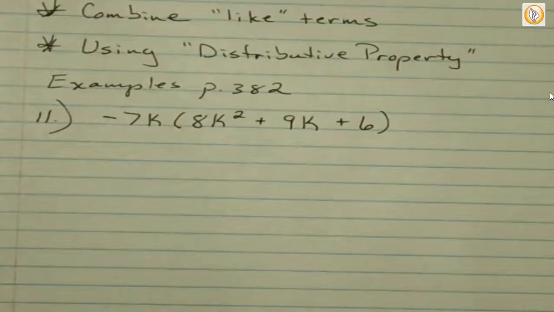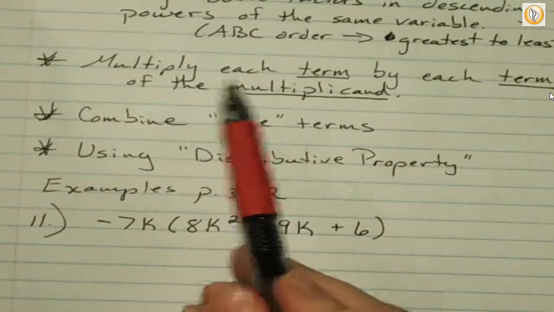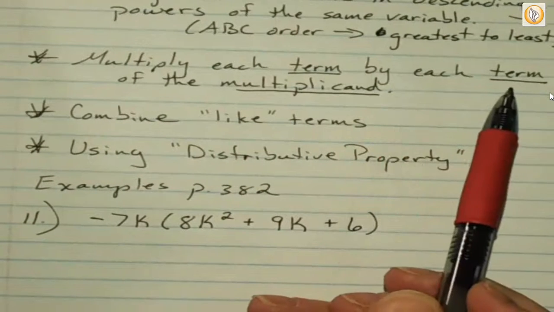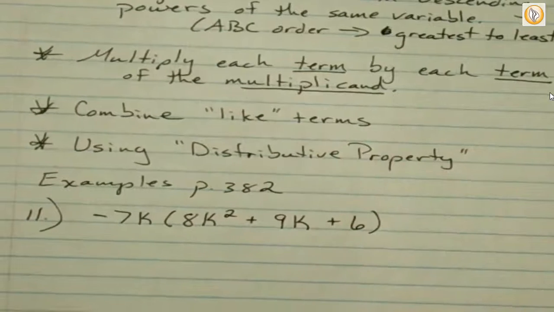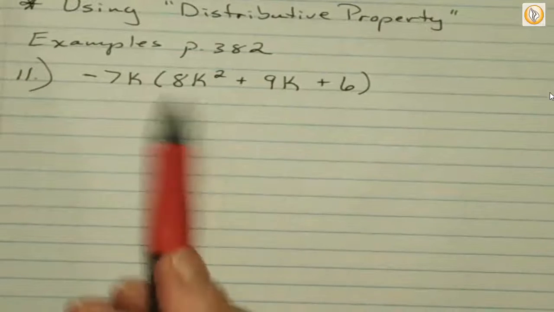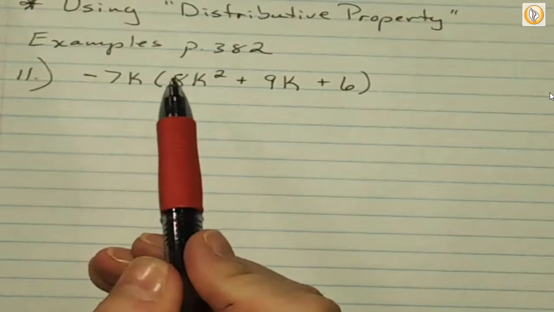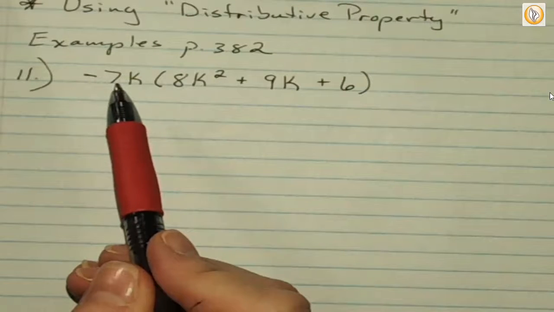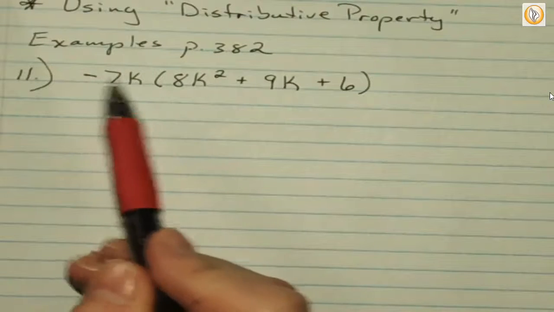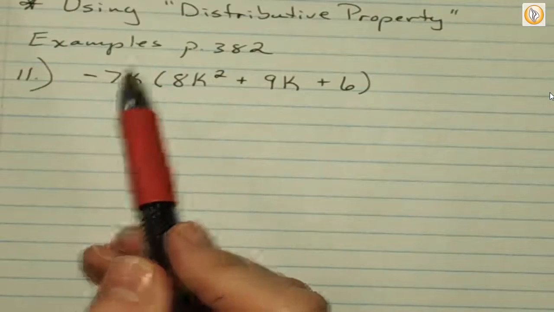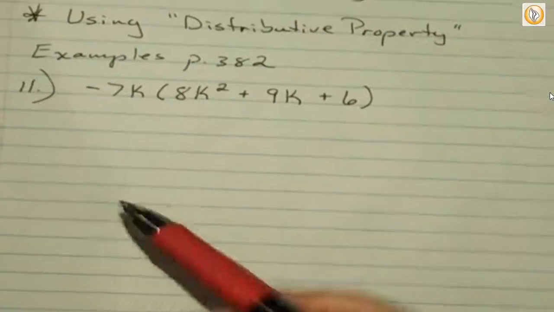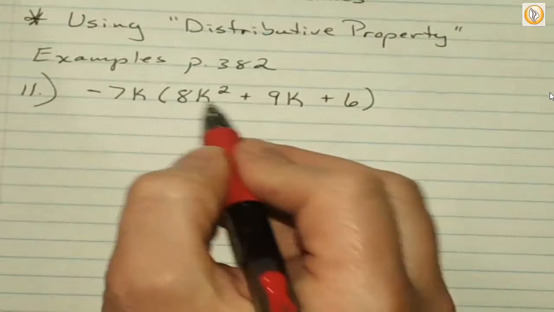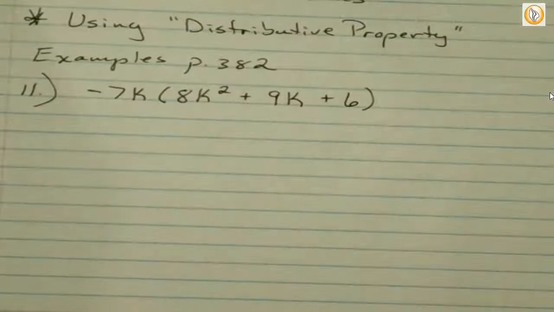Up here, multiply each term by each term of the multiplicand. So basically what we're doing, and I even said we're using the distributive property, we're multiplying this by each term in the parentheses.